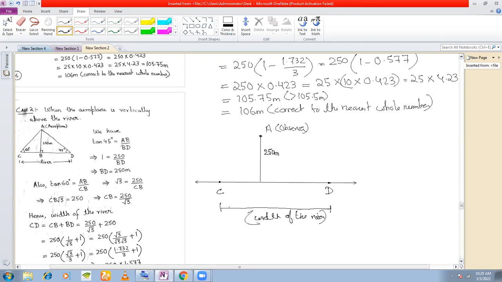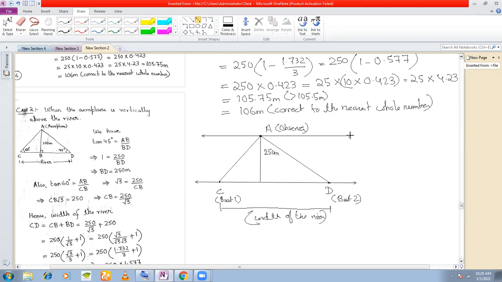Now, if you see the angle of depression, you have your boats on the opposite banks, boat one here and the second boat here, right? The line of sight of the observer with respect to the first boat is this, and the line of sight with respect to the second boat is this, and the horizontal is this.